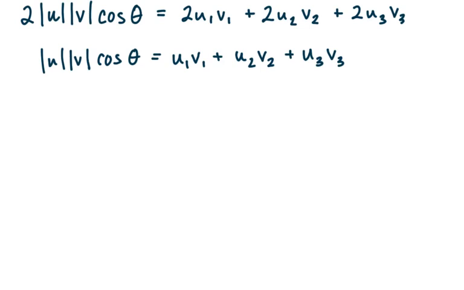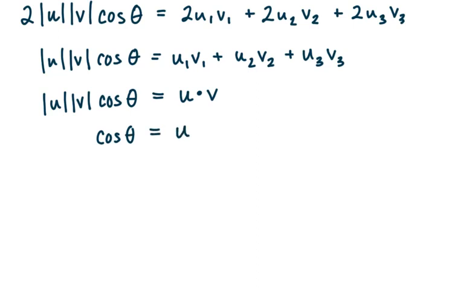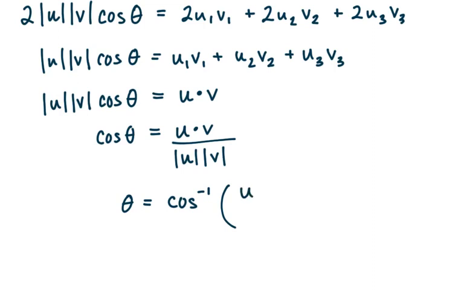So, magnitude of U, magnitude of V, cosine theta equals U dot V. Or rather, cosine theta equals U dot V divided by the magnitude of both U times V, or the angle theta between those two vectors U and V equals cosine inverse of the argument U dot V divided by the product of the magnitude of U times the magnitude of V. Therefore, this is our definition.